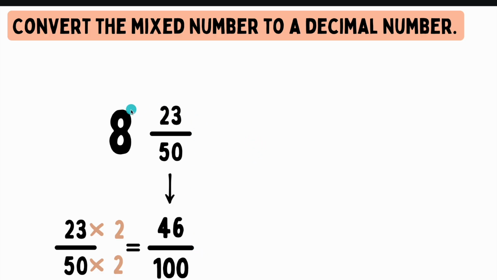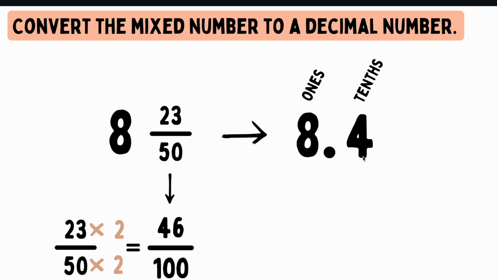Let's convert it into a decimal number. We have 8 ones, 8 wholes. Now we need the decimal point. And we know that 23/50ths is equivalent to 46 hundredths. So we have a 4 in the tenths place and a 6 in the hundredths place. 8 and 46 hundredths.